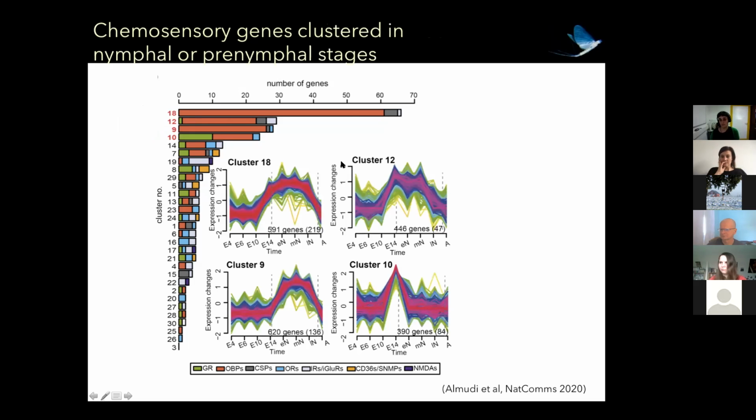Three of them contain genes that are expressed during nymphal aquatic stages, and cluster number 10 is not an aquatic cluster, but it has genes that are highly expressed just at the end of embryogenesis.